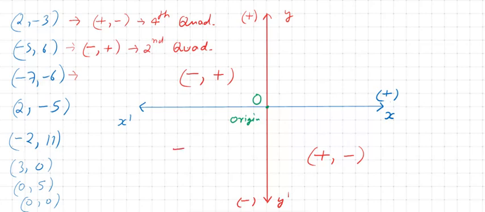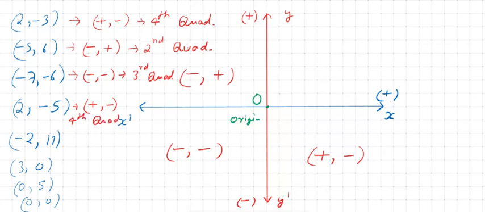Negative coordinates are written in the third quadrant. So it is in the form negative negative. It will fall in the third quadrant. Beta ji, this is positive negative. Positive negative falls in the fourth quadrant.